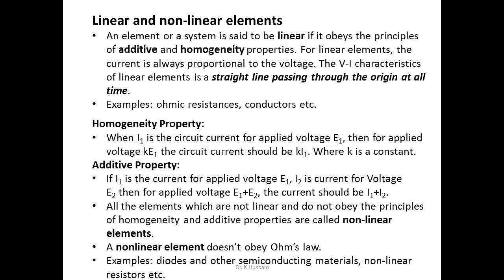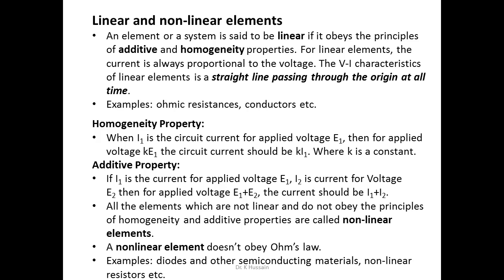A system, or you can say element, is said to be linear if it obeys the principles of additive and homogeneity properties. If it obeys the principles of these two, additive and homogeneity, then the element or system is called a linear system.